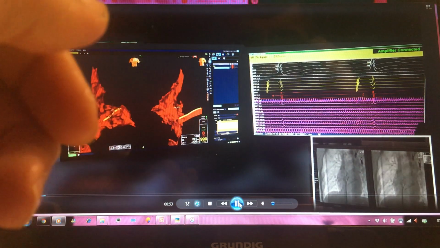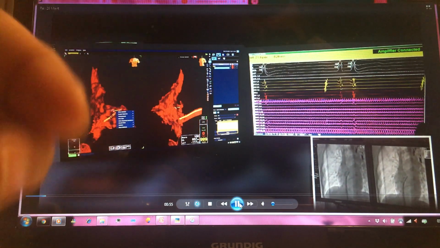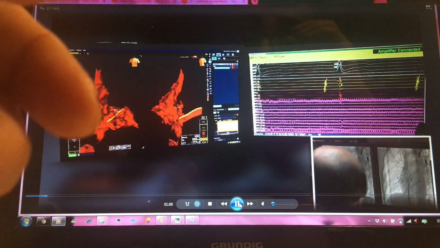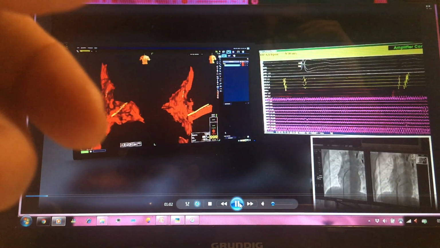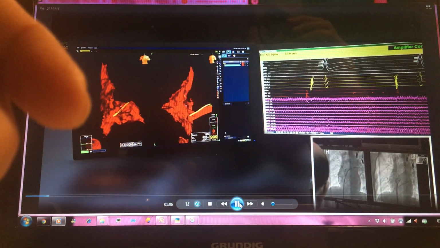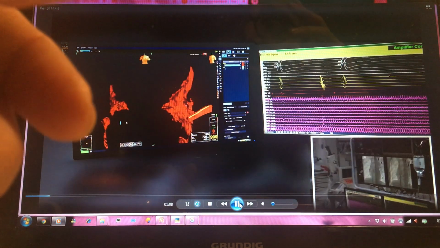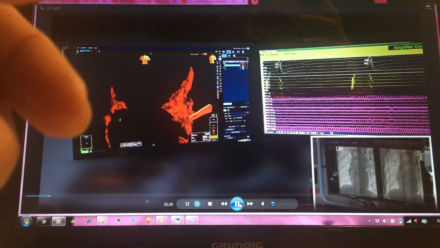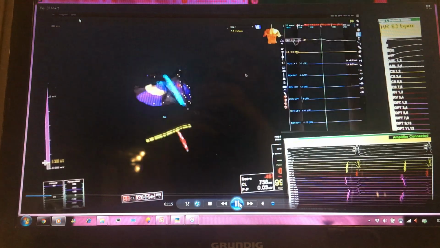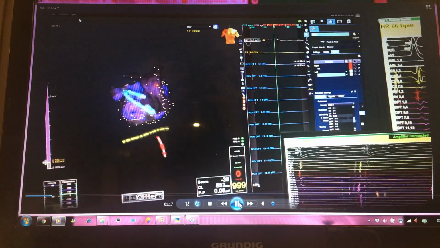In Turkey, we cannot use an ICE catheter, so we usually perform transseptal puncture using fluoroscopy guidance. After transseptal puncture, we exchange our SL1 catheter with an Agilis catheter because it will facilitate mapping and contact during ablation.